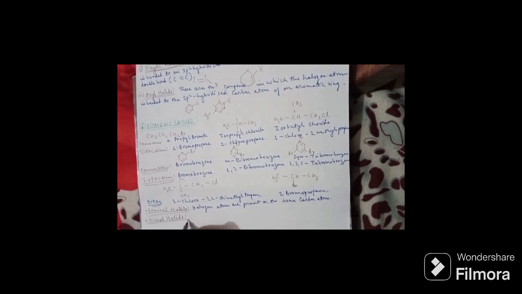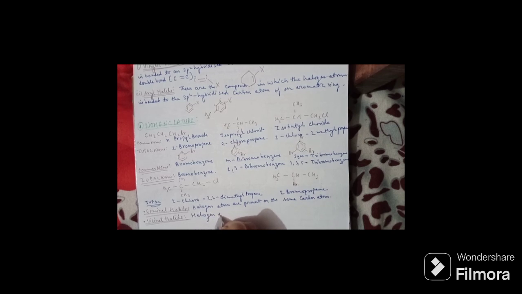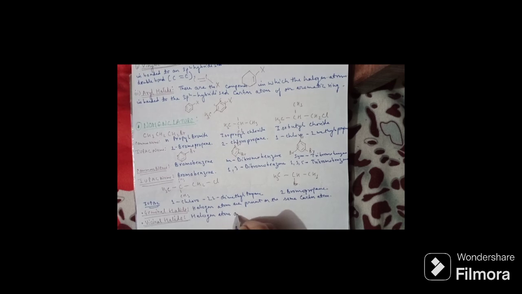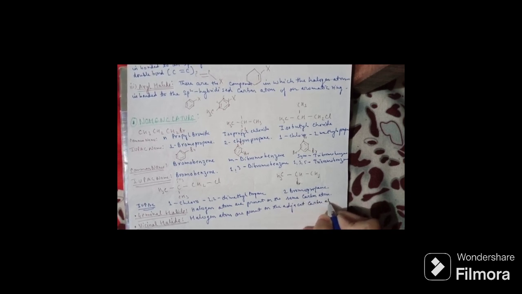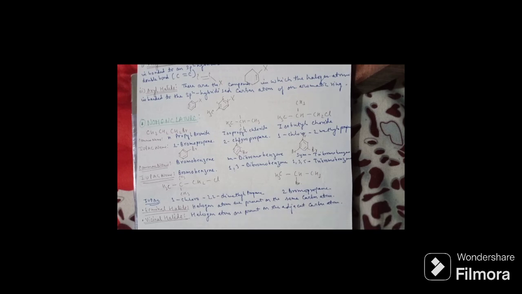Next is your vicinal halide. In terms of vicinal halide, halogen atoms are present on adjacent carbon atoms. In the common name system, gem dihalides are named as alkylidene halide, and vicinal dihalides are named as alkylene dihalide.